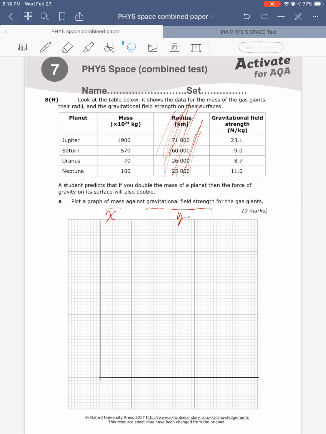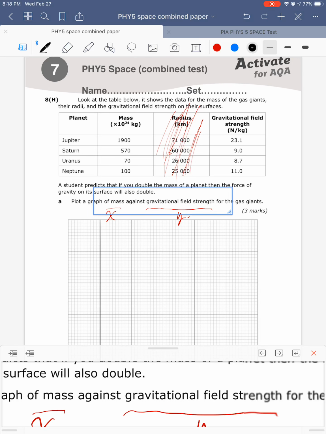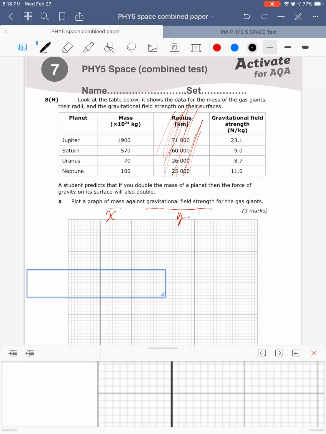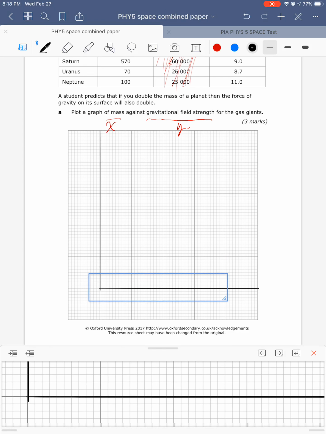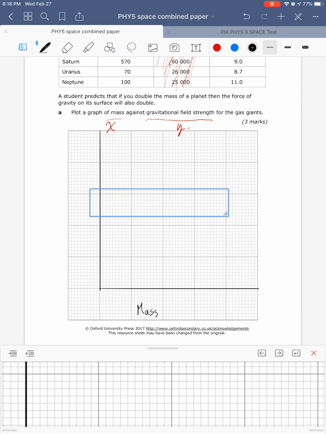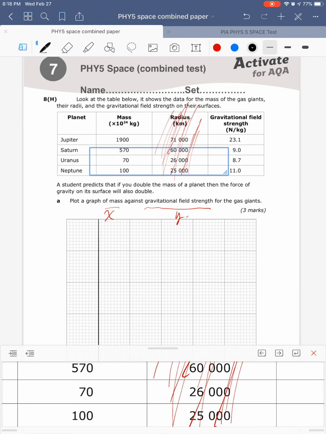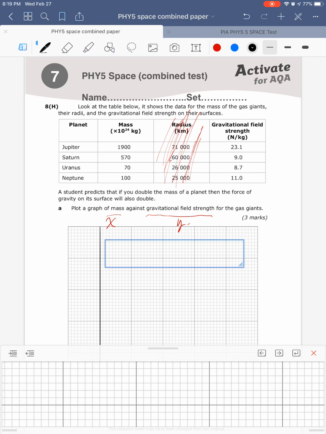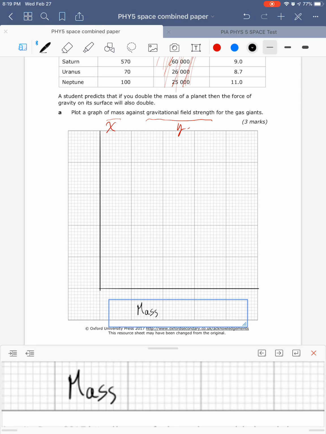The next thing I need to do is label my axes. Down here, because it's mass, you can get your headings right from your table. So it's mass in times 10 to the 24 kilograms.